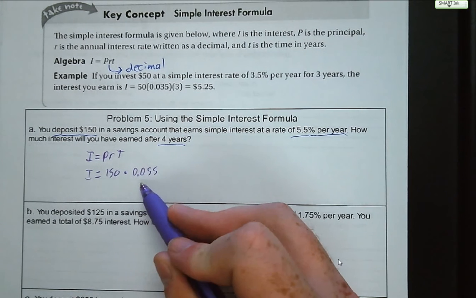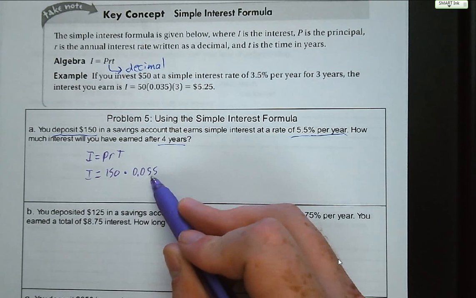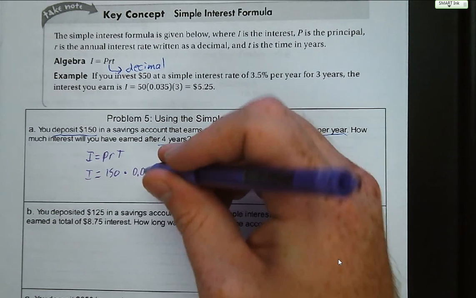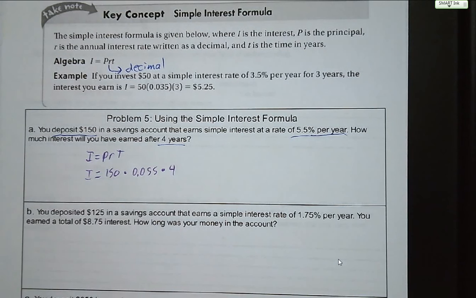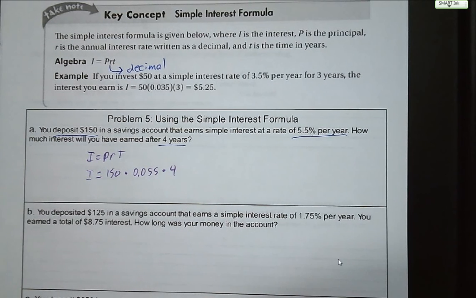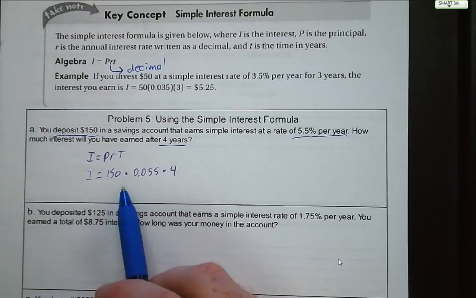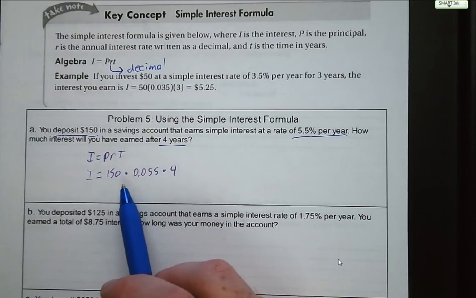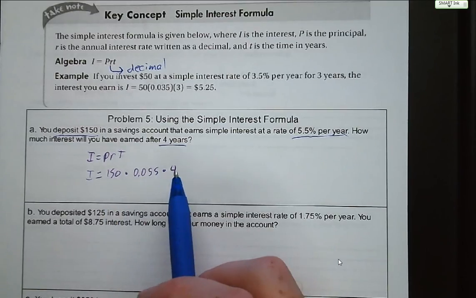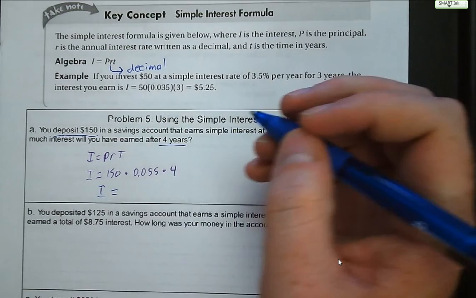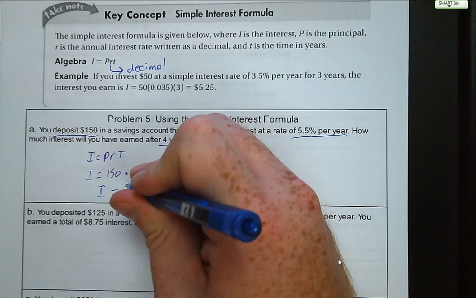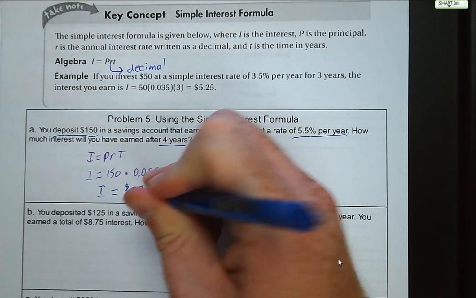We divided by 100, so we moved our decimal point over 2 times. And we are multiplying that by 4 years. So go ahead and type those into your calculator. 150 times 0.055 times 4, and you find that your interest on that $150 after 4 years is $33.